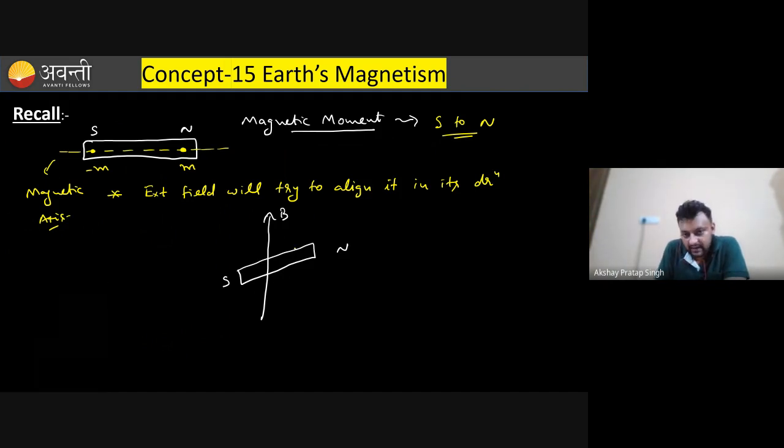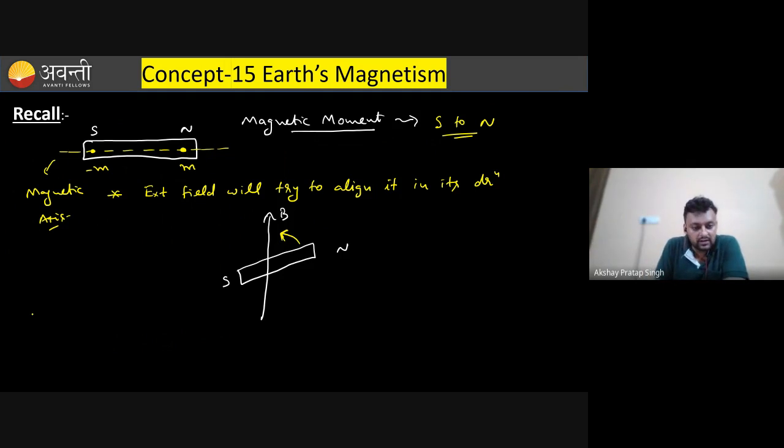That means this magnet will rotate in the anti-clockwise direction. This is the property that you should remember all the time to proceed further: a magnetic field or external field will always try to align the magnet in its own direction.